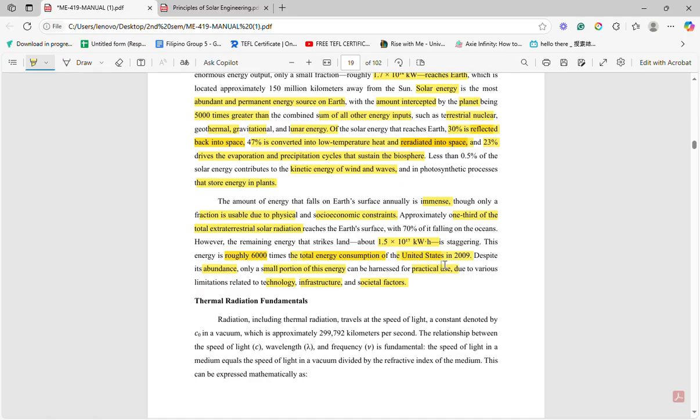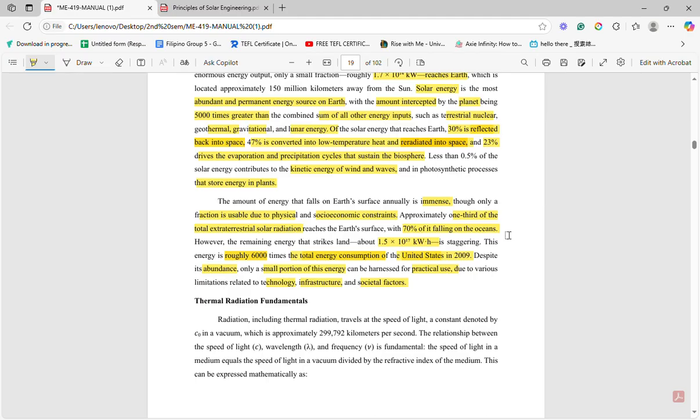This energy still is a lot, especially if this 70% does not fall on oceans but rather falls on a specific land surface where solar panels are installed. So if we can harvest that energy, then it really is a lot.